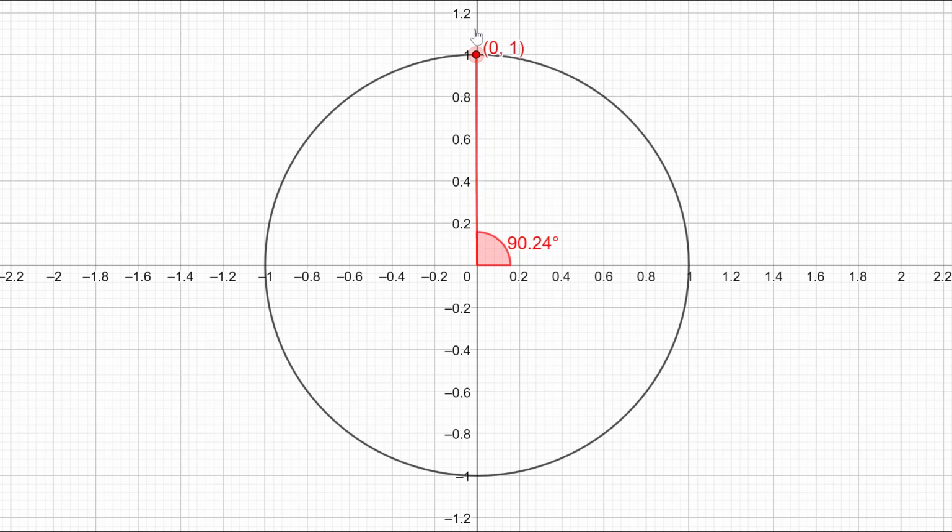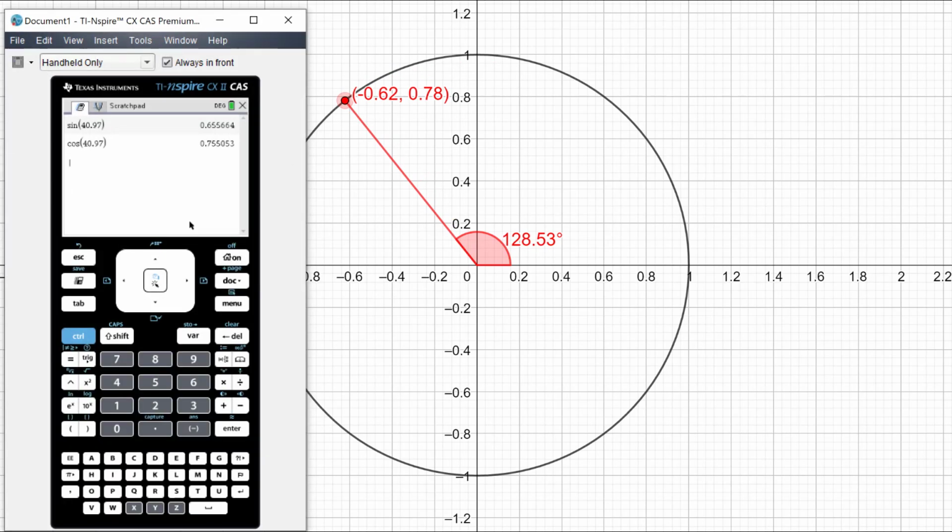And then as we move around into the second quadrant, let's think about what's going to happen. Okay, well actually, if I think about it, my sine values are still going to stay positive, but the x-coordinates around here are negative. And you try it. Let me get my CAS up again. So if I type in cos of an angle that's bigger than 90 degrees, let's say cos of 100 degrees, it'll be a negative value.